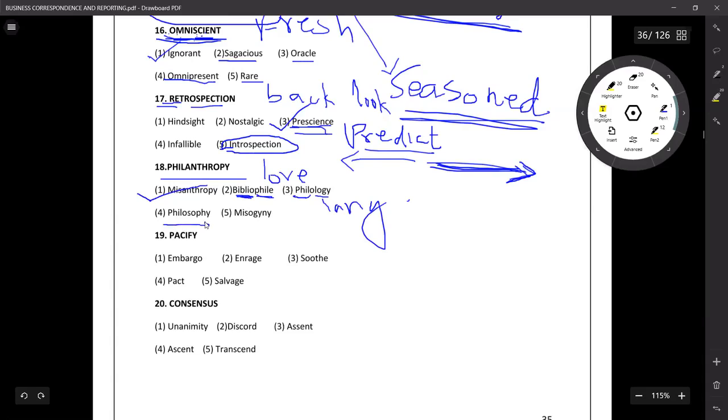Philosophy, this is my philosophy in life. This is my outlook. This is my viewpoint. Remember, guys, misogyny. We did this yesterday. A hater of women. Someone who hates women is called a misogynist. Someone who hates men is called what, guys? Hater of male or hater of men?